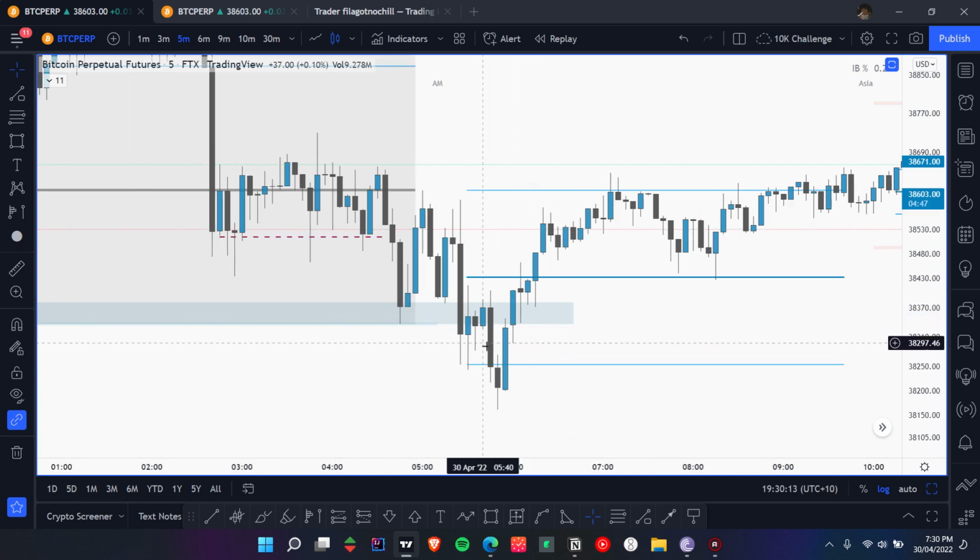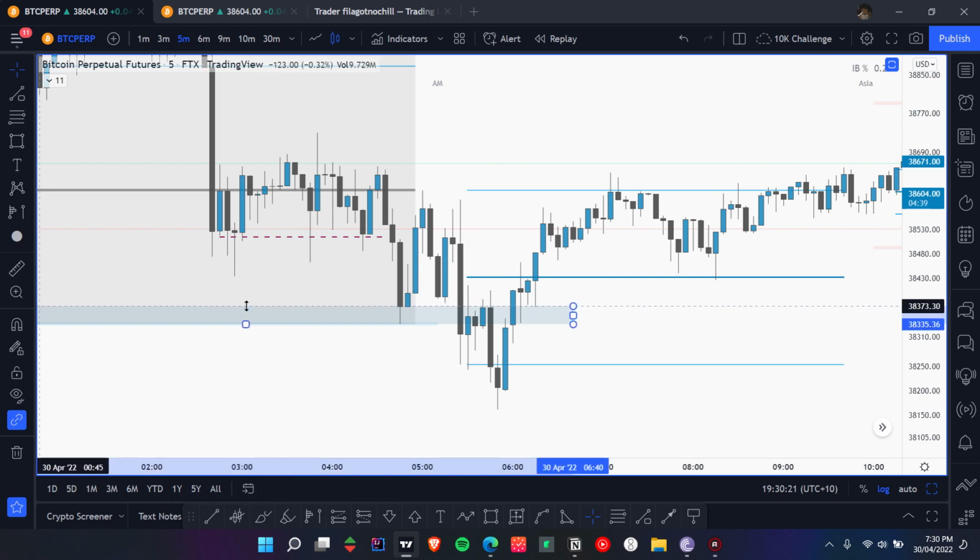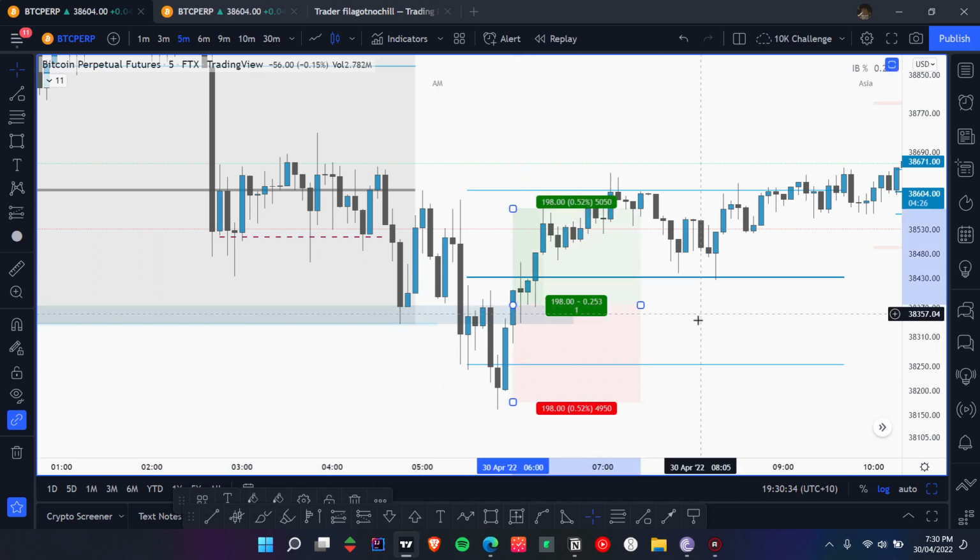Instead, price went up, broke above, and retested this buying tail, and what we have here is basically another entry, and we are going to take this as well.